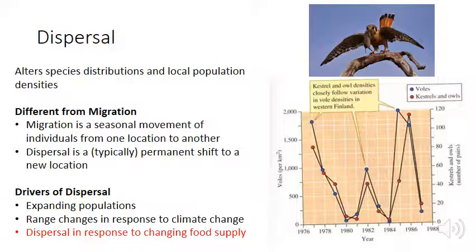The only way that kestrels are able to follow the density patterns of the voles is through dispersal, or immigration and emigration. So what's happening is every so often we're getting huge booms in the vole population, and lots of kestrels are essentially coming into those sites to feed on the voles and take advantage of that increased food supply.